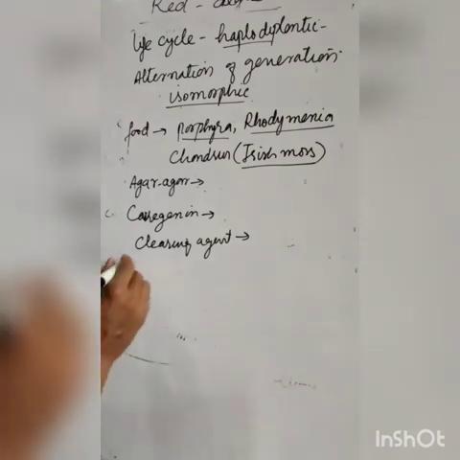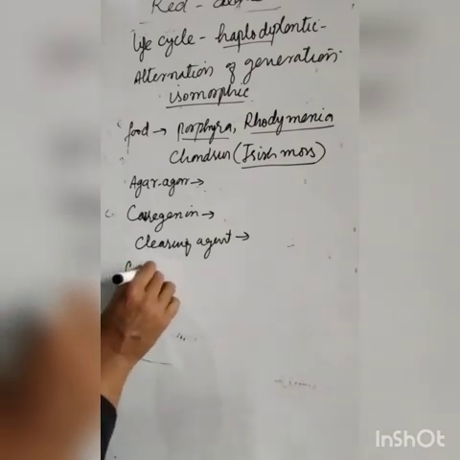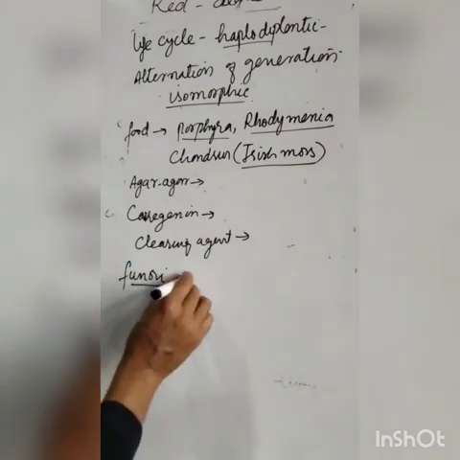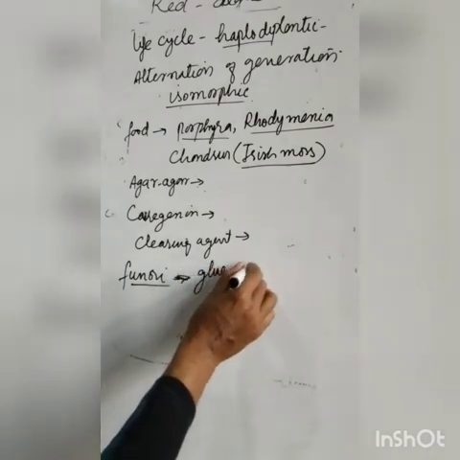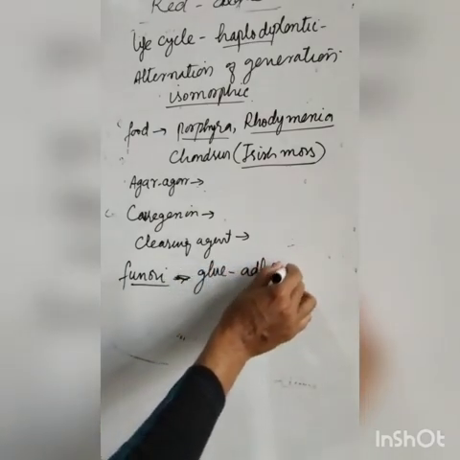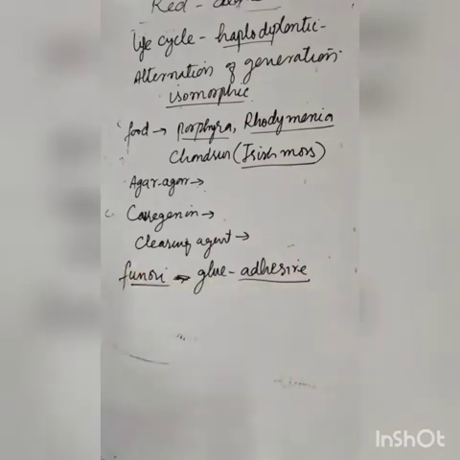And Funori जो है, Funori is another phycocolloid. It is a glue used as adhesive. Adhesive के तौर पर इस्तेमाल किया जाता है. And it is used in sizing textiles, papers, etc.